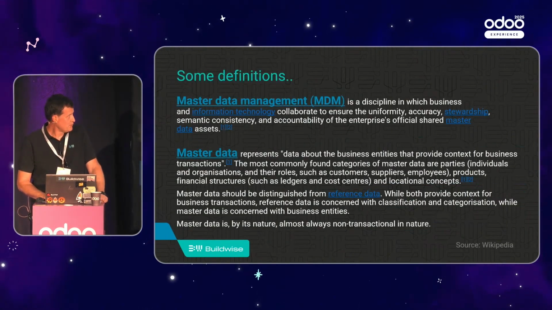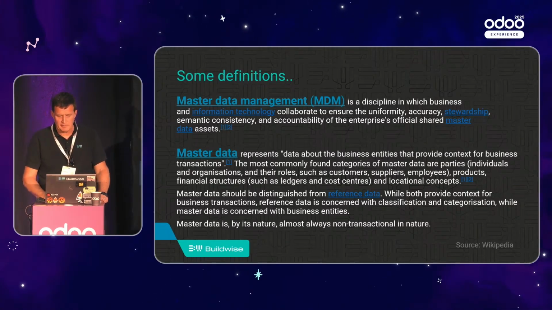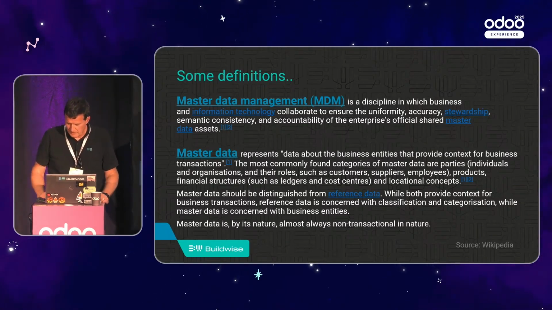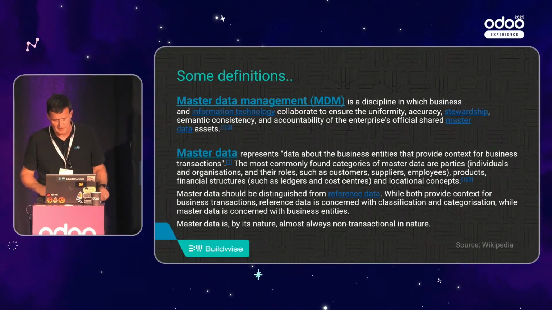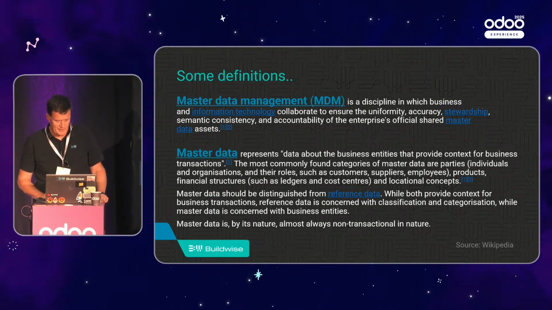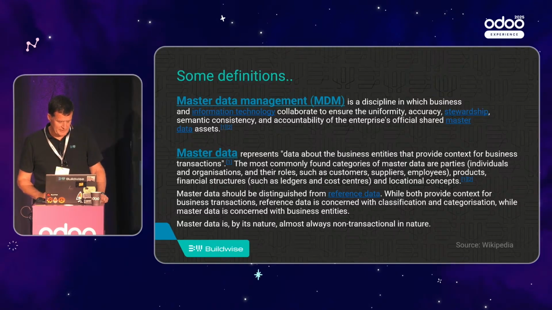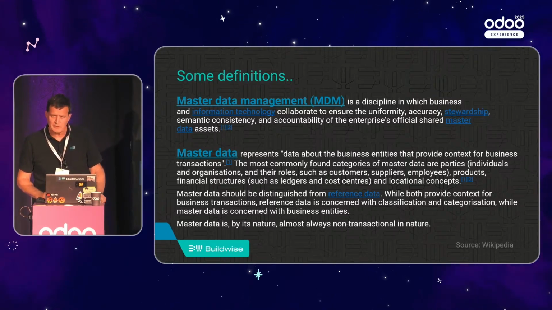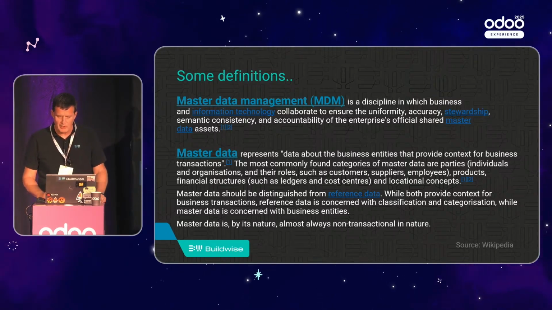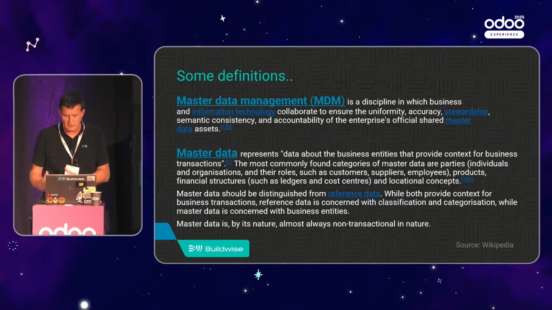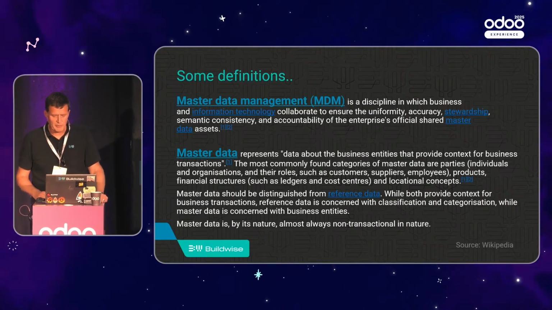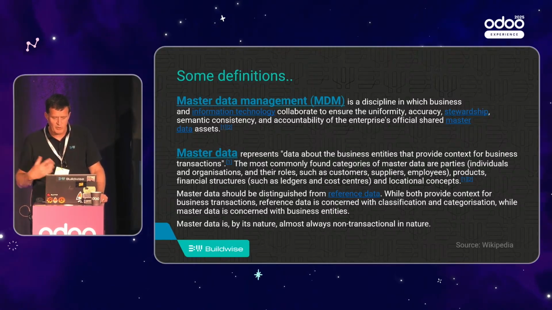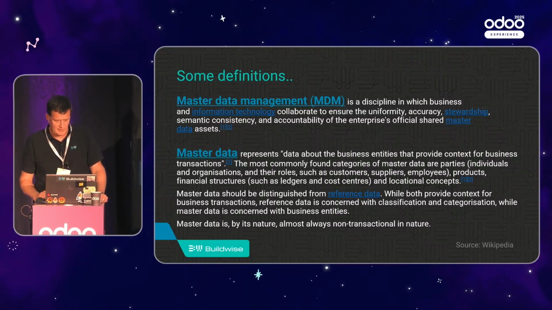Now the talk of today is about master data management. If you look at Wikipedia, master data management is the management of master data. Okay, it doesn't really help. What is master data then? Master data is opposed to transactional data. Everything that is not a transaction, like an invoice, an operation, a payment, all this is master data.